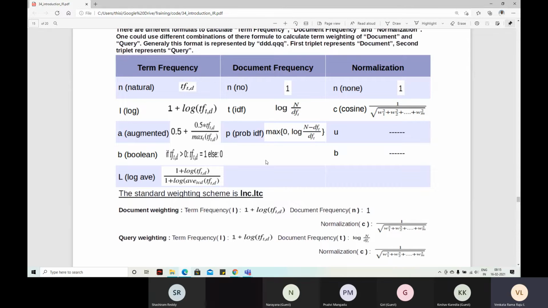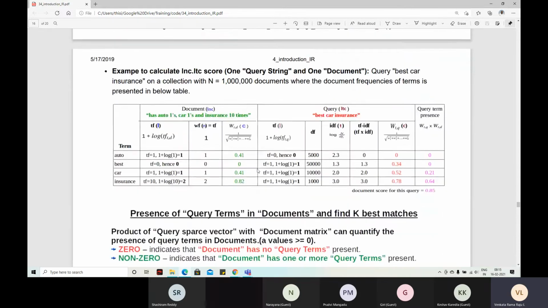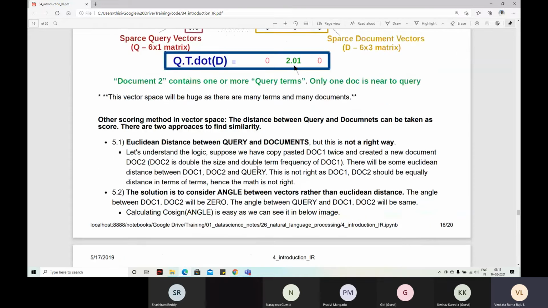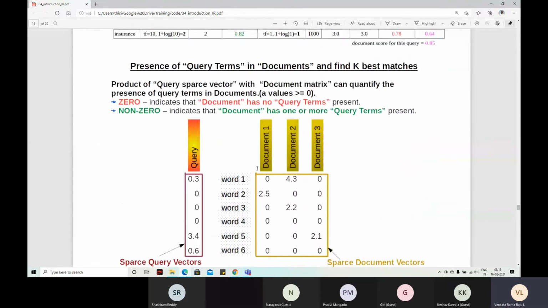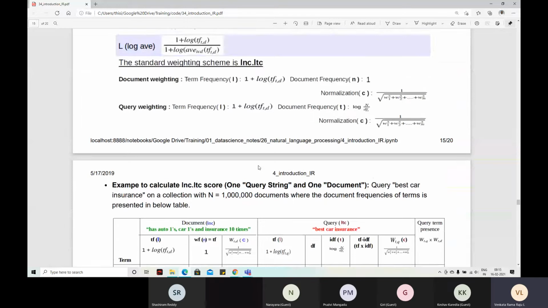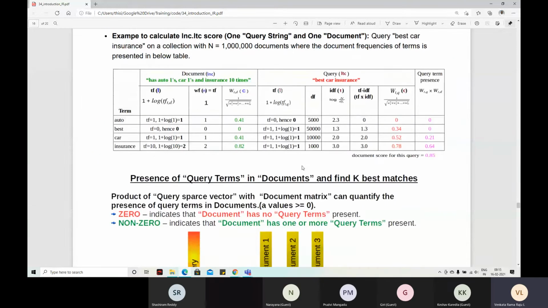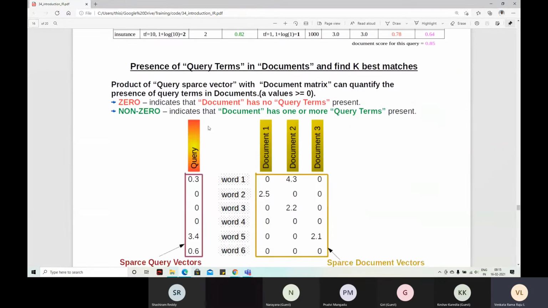That's why they are not providing them. So you got the whole gist of TF-IDF, the different ways to calculate it, and what we do on the query and the database documents. Any questions?